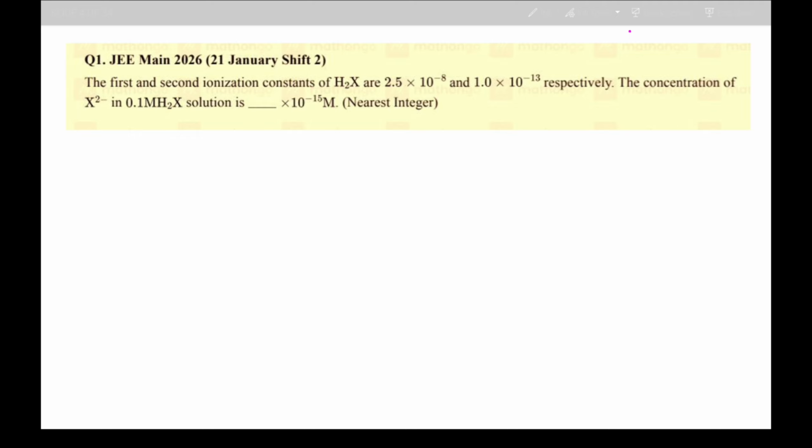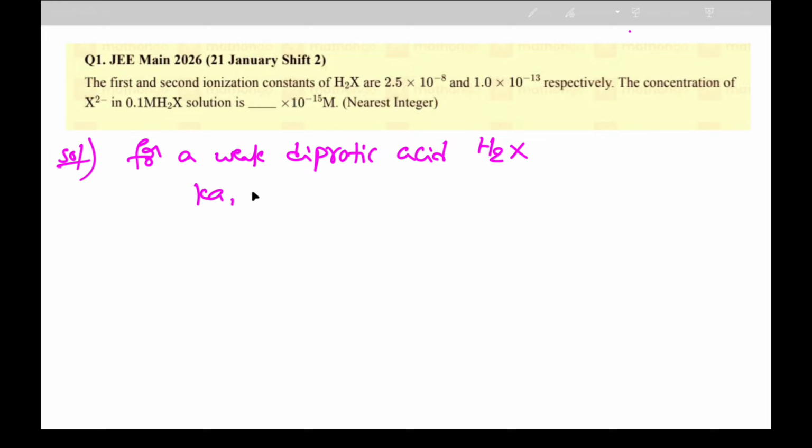The solution is: for a weak diprotic acid H2X, we have two equilibrium constant values, Ka1 and Ka2.